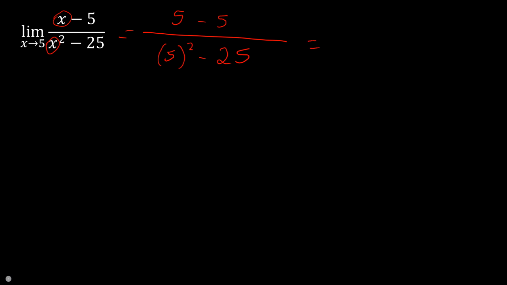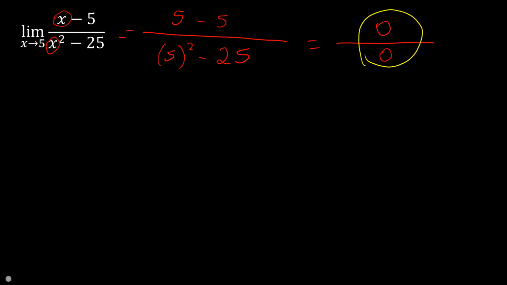Okay, so if we look at that, 5 minus 5 is 0. 5 squared is 25. 25 minus 25 is also 0. This is something we do not want to see. This 0 over 0. Undefined. So that's not an answer. But there is an answer.